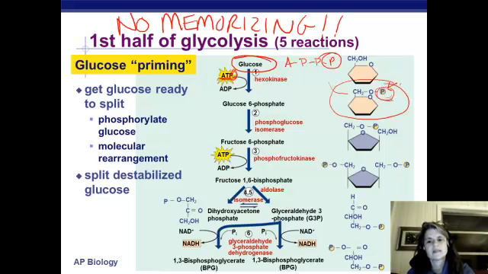What this does is this phosphate destabilizes that molecule. It's going to make it a little bit easier to break it. That's why it's worth it to us to spend an ATP there.